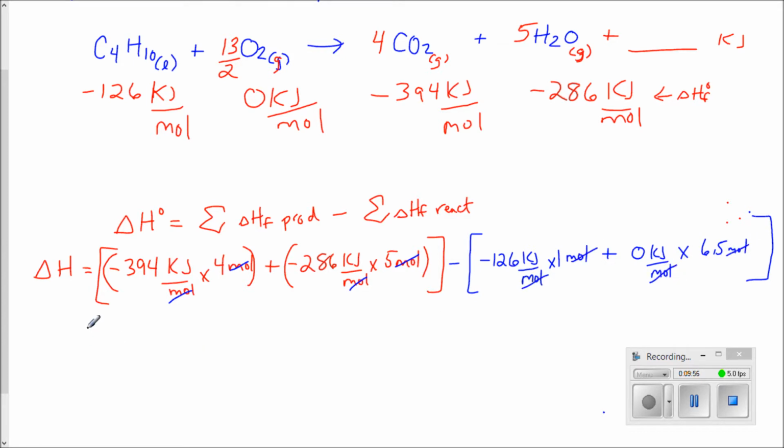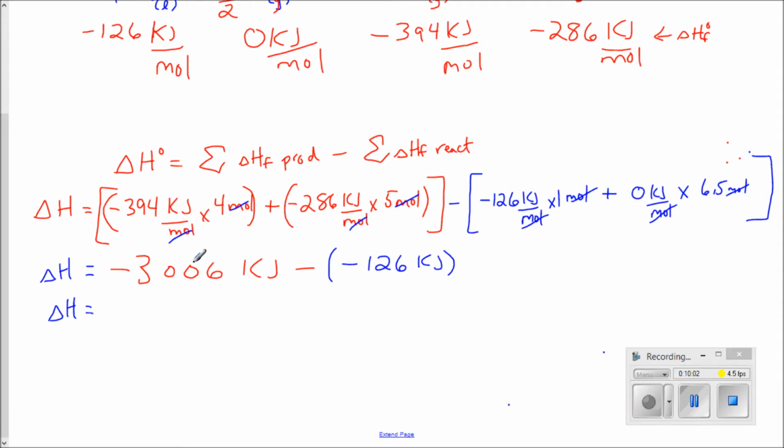So let's do the second line. Let's do a little bit more algebra for you guys. Here we go. So by doing a little bit of algebra, we got 3006 kilojoules for our products and negative 126 for our reactants. When we did that work there, we add that together and we get negative 2,880 kilojoules. That's right. That's how many kilojoules we get. We have to put that into our equation.